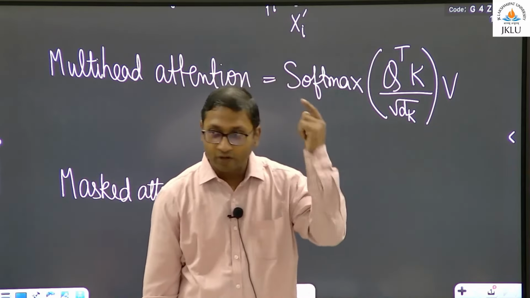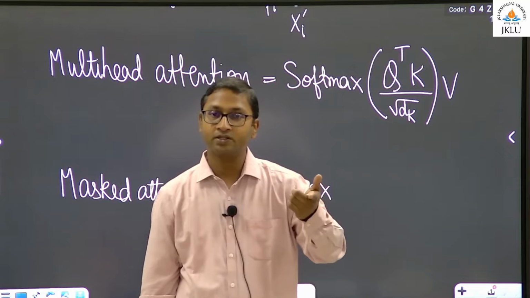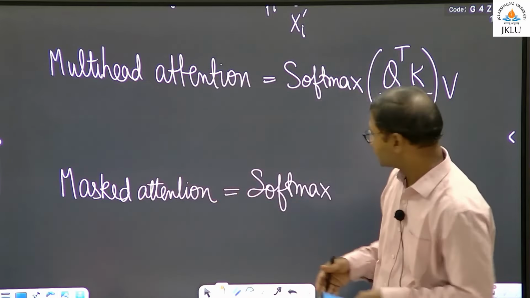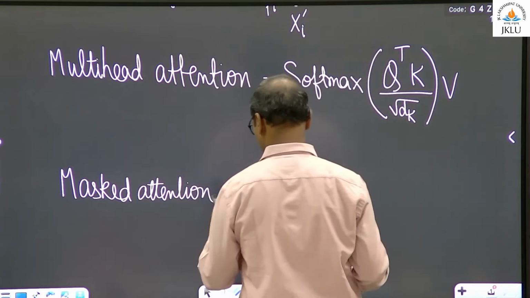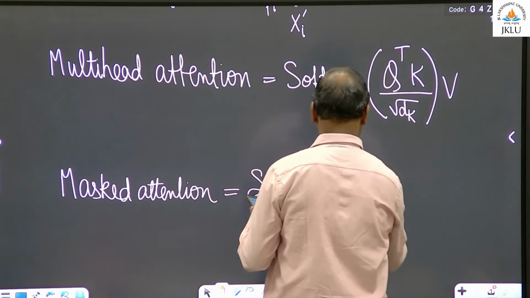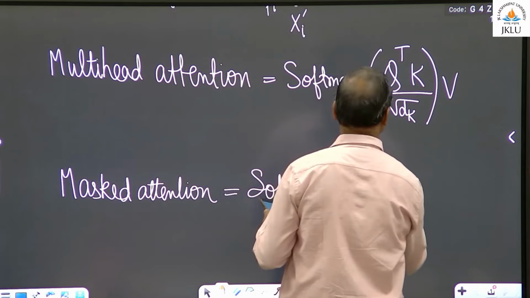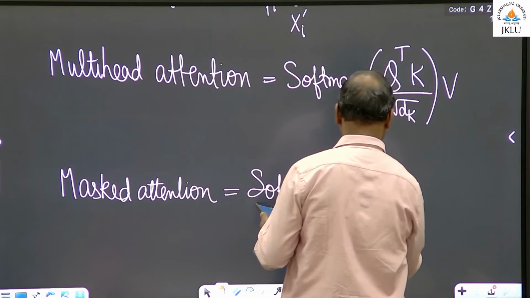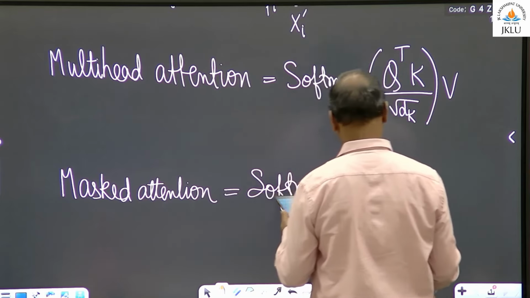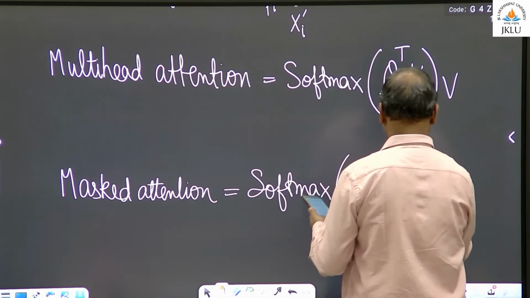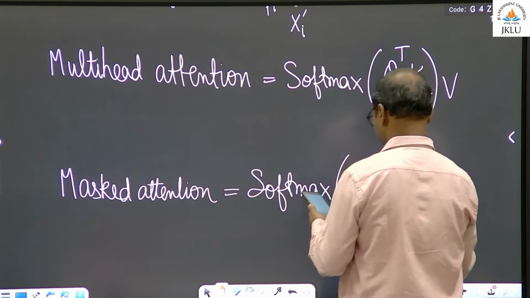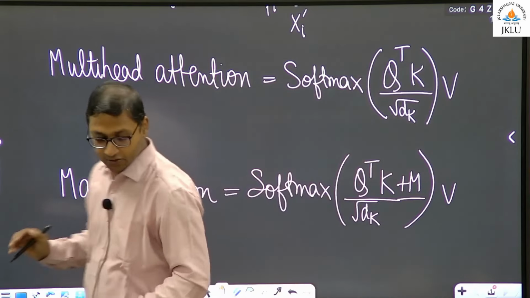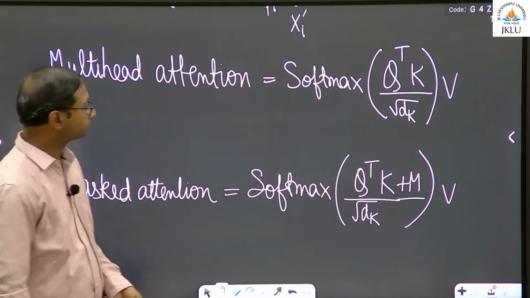So the output of softmax is what you want to make 0, or what you add is you want to make 0. So let me finish writing this and then I'll ask the same question. So softmax of Q transpose K divided by root dk plus M, times V. So note that these two equations are basically the same.